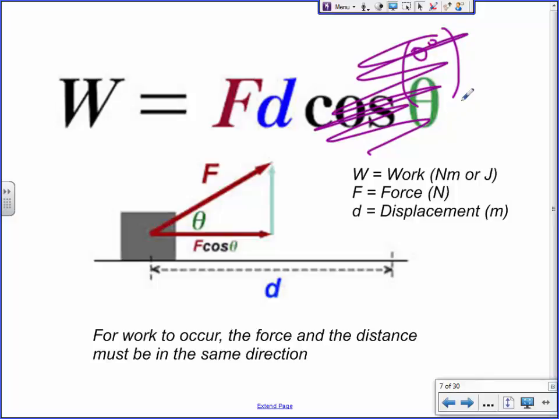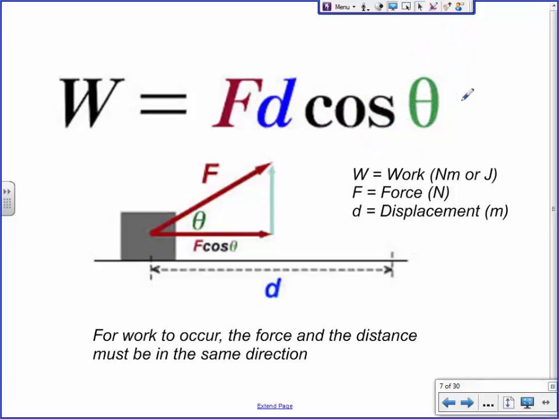The reason it was normally 0 degrees is that if I were to draw a triangle of which direction the force is pulled at, we normally pull in the exact same direction as our displacement. But what we're going to do now in this unit is, what if we pull at a slightly upwards angle, but it actually moves this way?